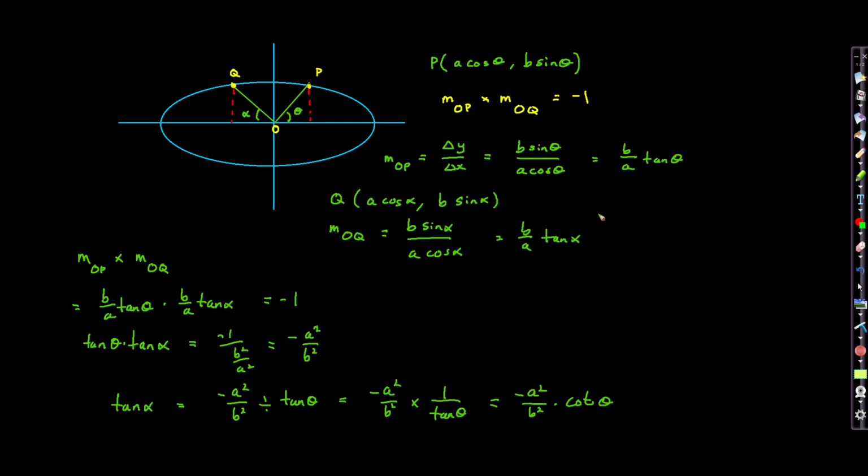Okay, so that's a key point, and then the fact that the two gradients multiply together to give -1. Yeah, once you've got that, then you're basically on the track.